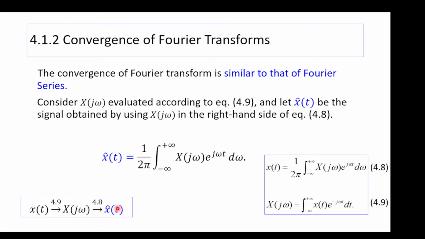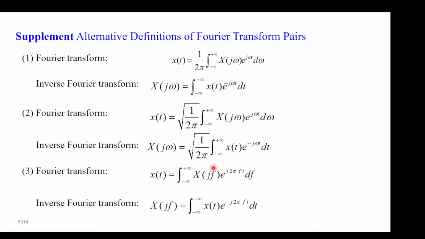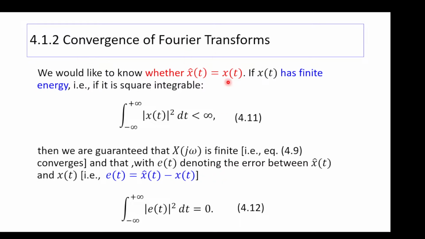So you get some x hat from this big X of j omega, and you want to know, first of all, do both of these integrals converge? And second, does x of t equal this x hat, where you transform to big X and transform back? This is the convergence question. So first, x hat needs to exist.